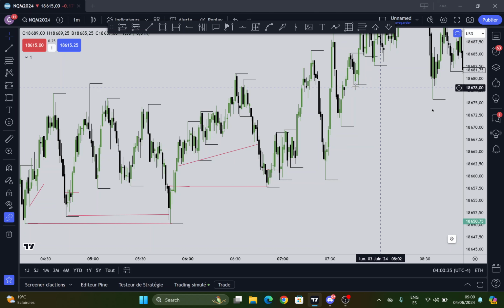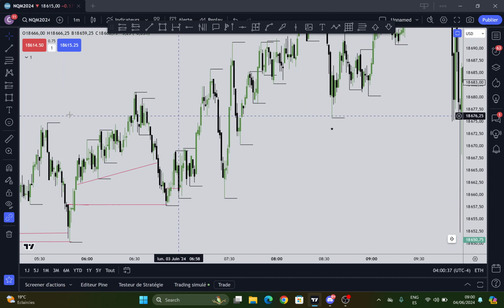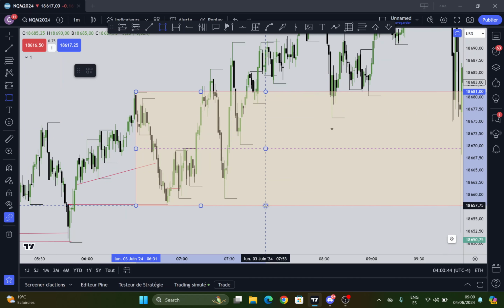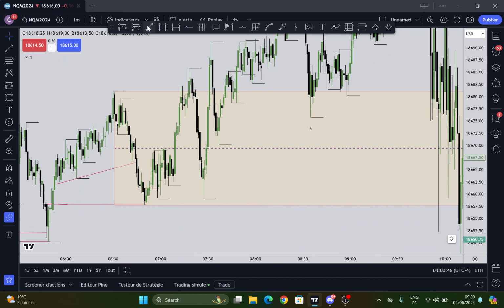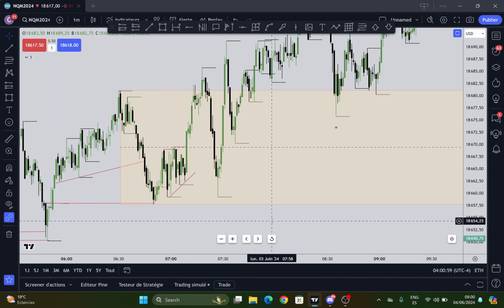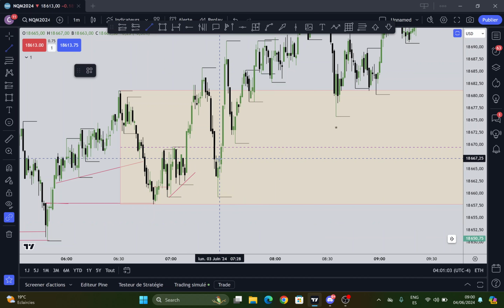Now, what happened when we closed above it? We confirmed this zone, which was here. Where is the liquidity in this zone? We had this and this. So we wait for something to be swept here and a CSS. Here's our CSS.